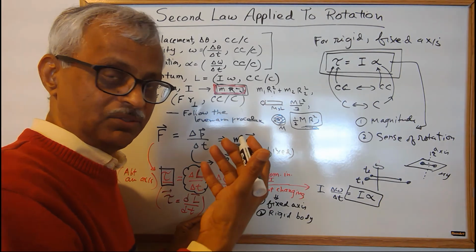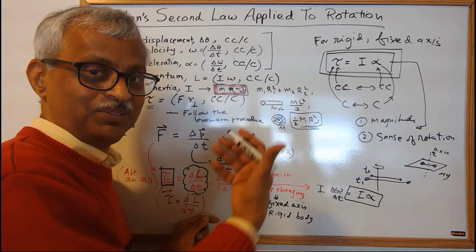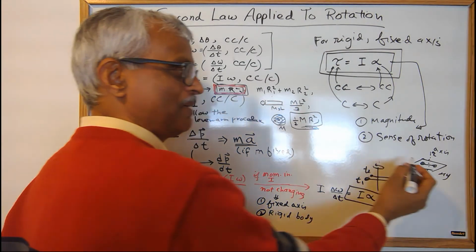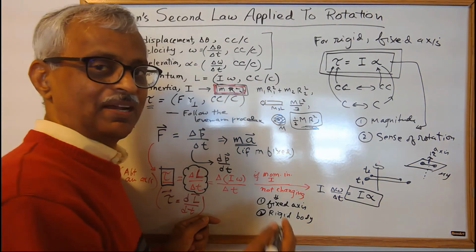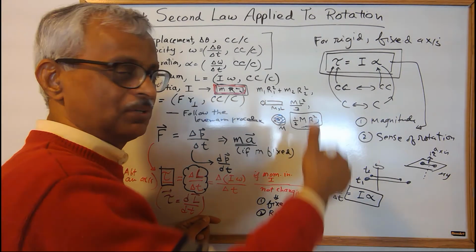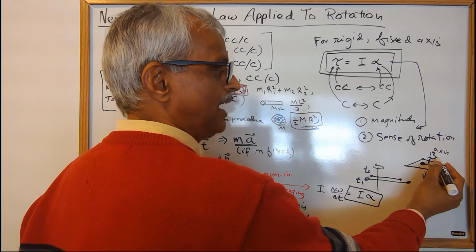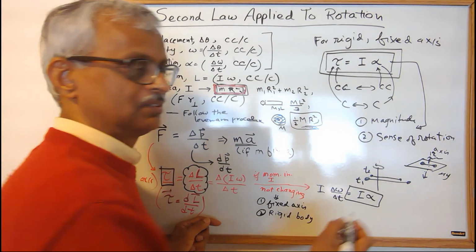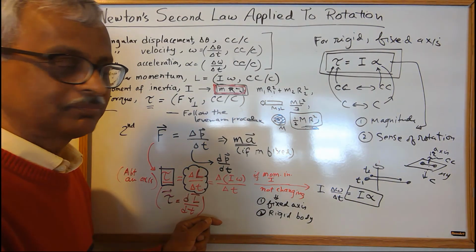You remember the right hand rule, right? There's a video on the right hand rule too, you can go check out that video. So with the right hand rule, the thumb will go either towards the plus Z axis or the minus Z axis. This happens when you have counterclockwise, and this happens when you have clockwise.